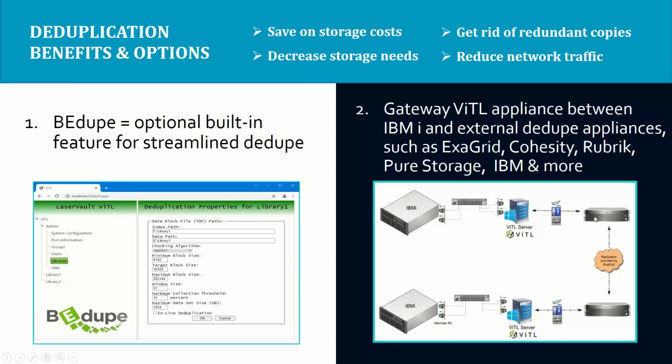So if you wanted to leverage your existing storage, whether it's SAN or NAS storage or any of these other deduplication backup appliances, anything can be used that's network attached to where LaserVault can write directly to that storage, and it wouldn't require any storage on the LaserVault VTL server. Therefore, it's basically a gateway solution.